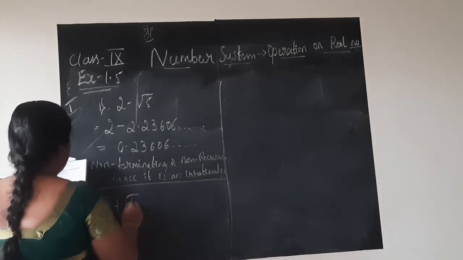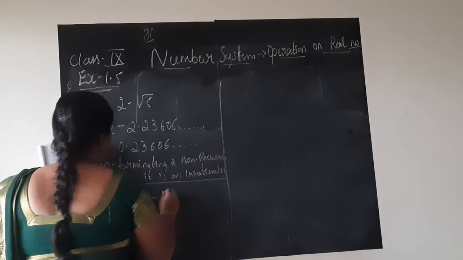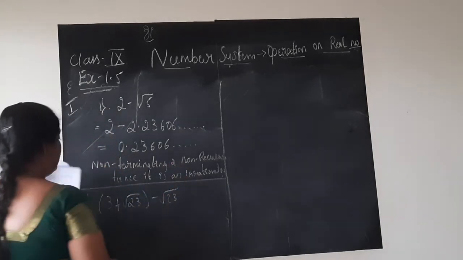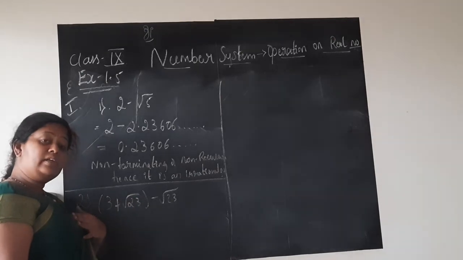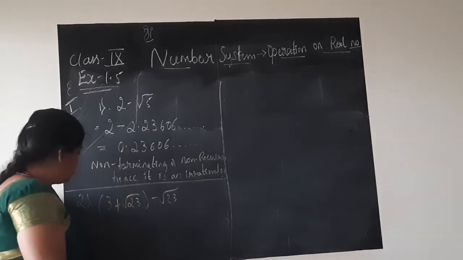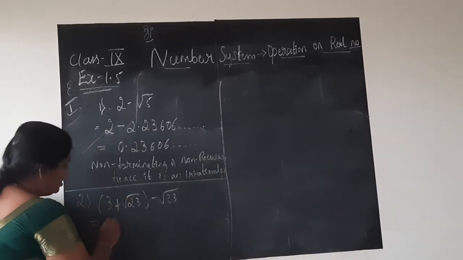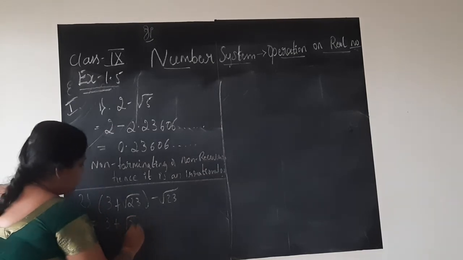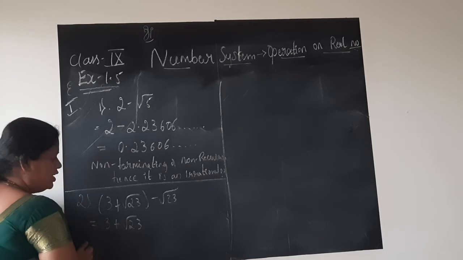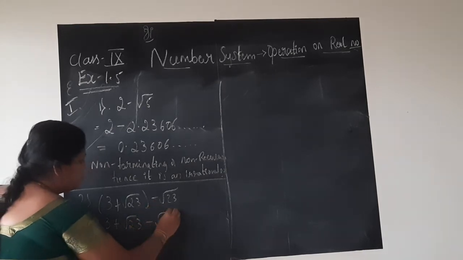Next is 3 plus square root 23 minus square root 23. Instead of finding out the square root of 23 as we did for square root 5, since subtraction is there, I will write 3 plus root 23 as it is, minus square root 23.